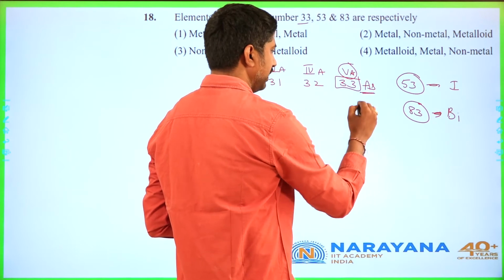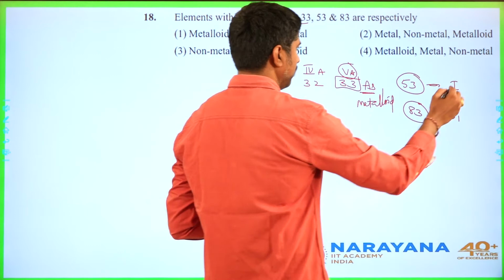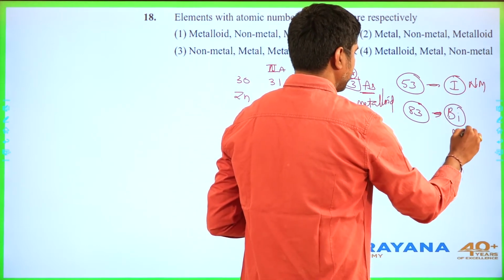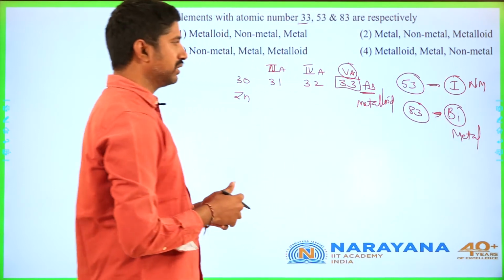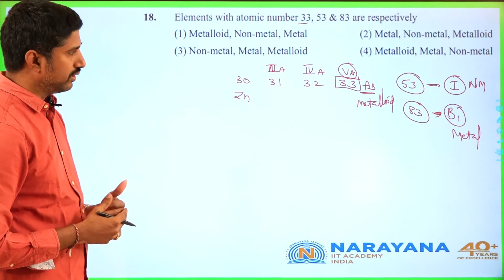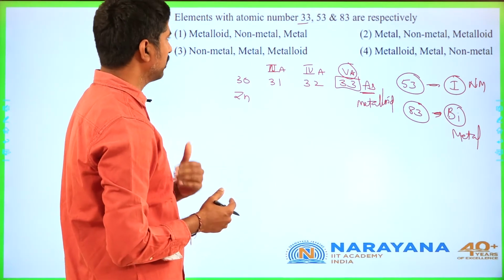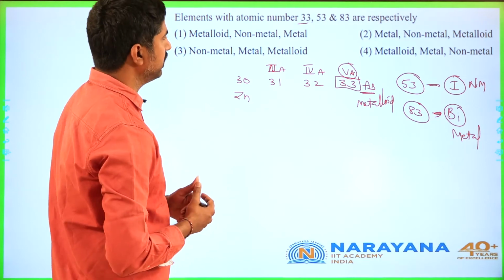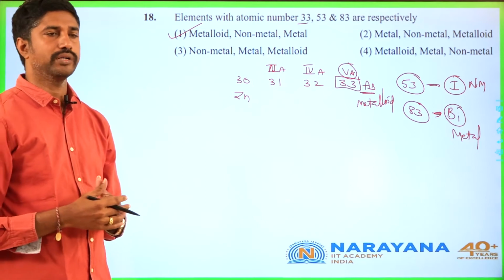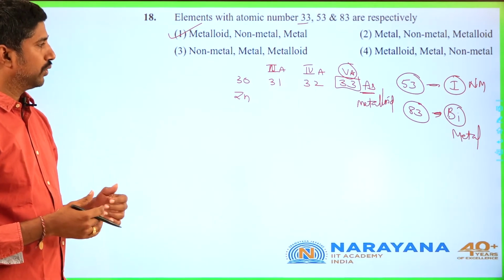We know arsenic is a metalloid, iodine is a non-metal, and bismuth is a metal. So what combination do we have? 33 is a metalloid, 53 is a non-metal, and bismuth is a metal. So the option is 1.